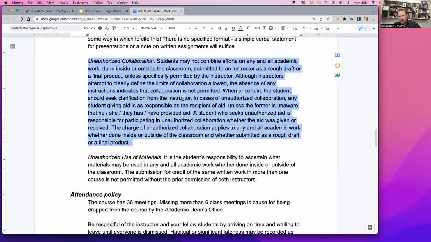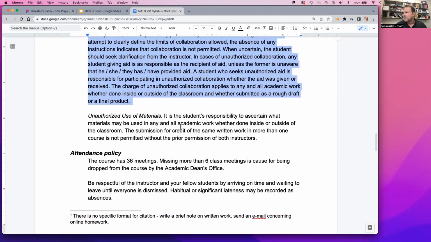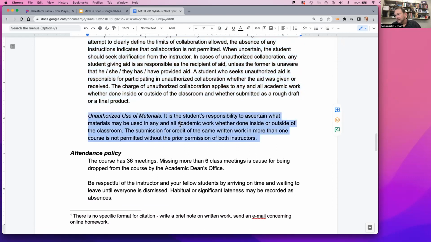And then what you produce, you talk about and figure out stuff. This bit here about the unauthorized use of materials, I'm sure that if you know how to look for them, the solutions to every problem that we'll do during this class have been posted online somewhere, but don't.